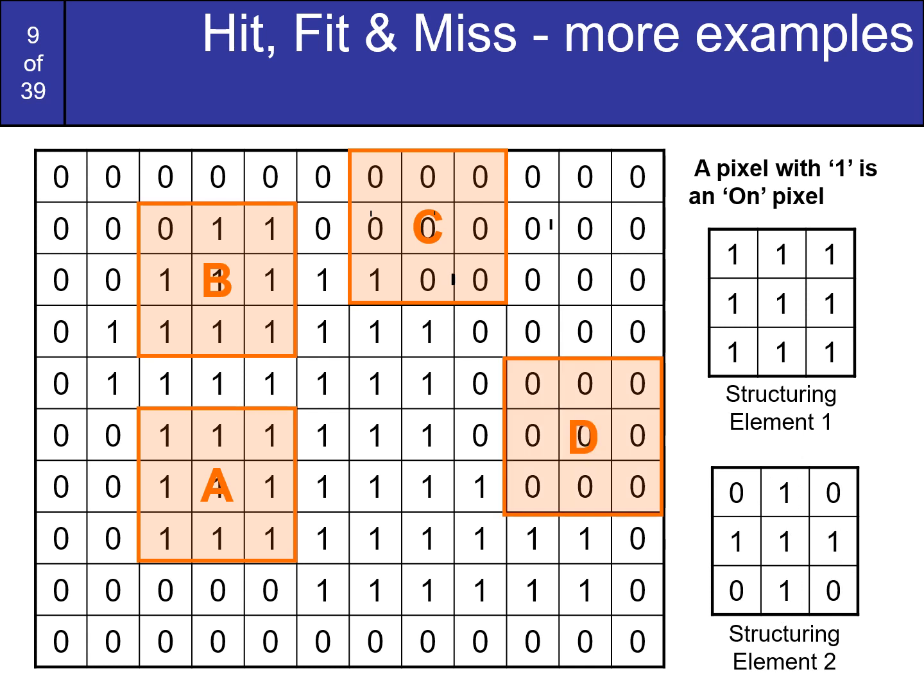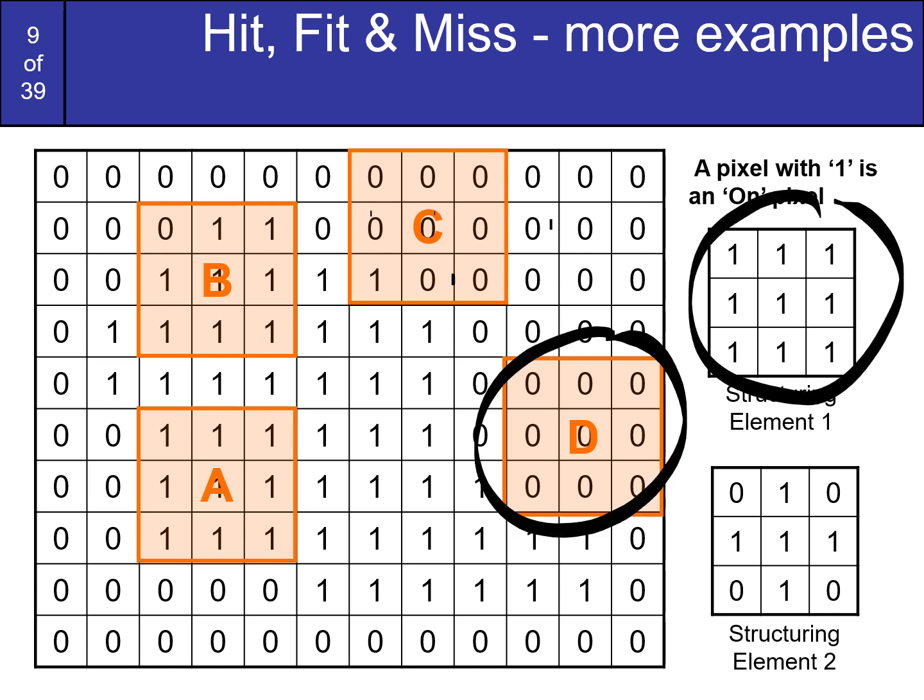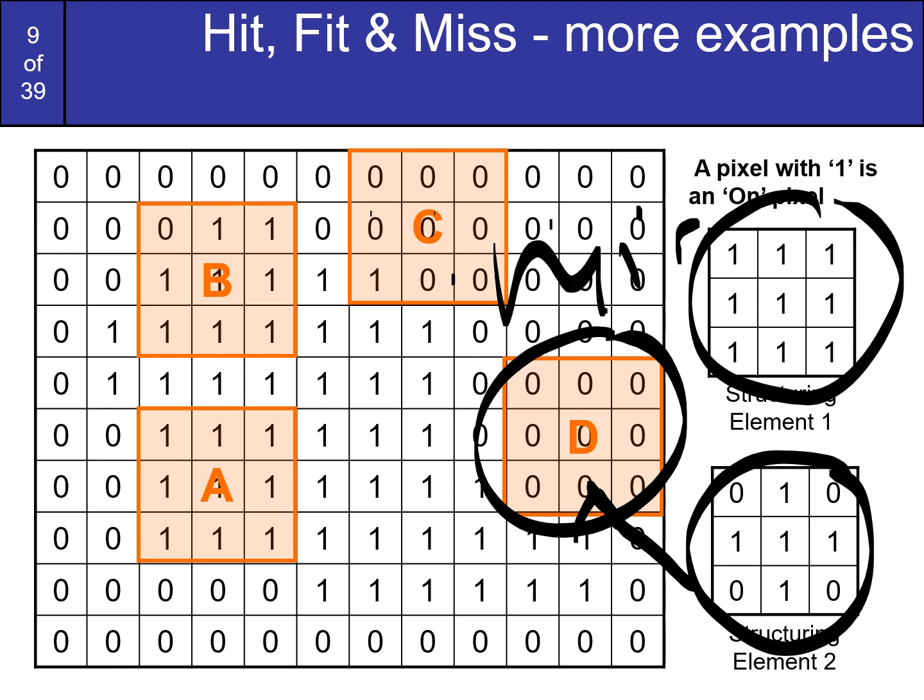And the last one is position D, which we can obviously see is missed by SE1, and also missed by SE2. So miss for SE1 and miss for SE2.